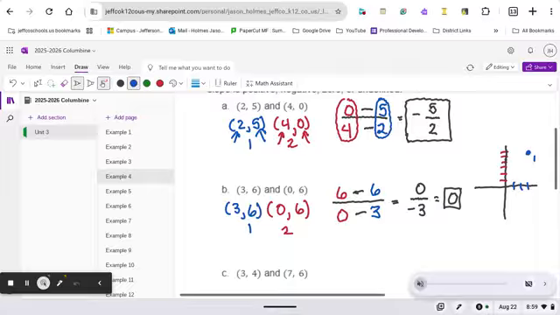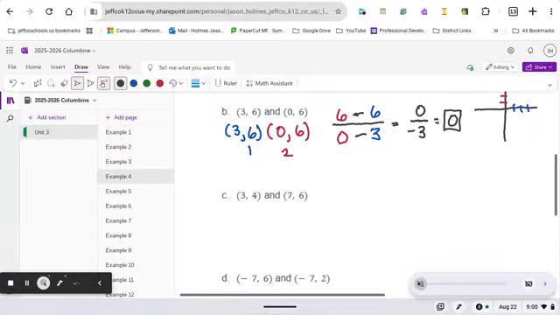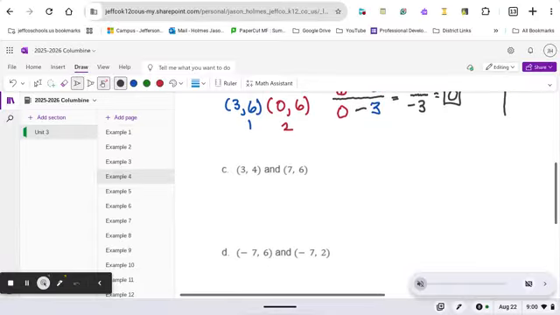And then (0, 6) is right here, and that's the second point. If we draw a line connecting them, we'll see that it's a flat line, and the slope is not going up or going down. It's just a flat line, and so the slope is 0. Not to belabor that, I just wanted you to see what's going on graphically. And then real quick, we'll knock out the last couple of examples.